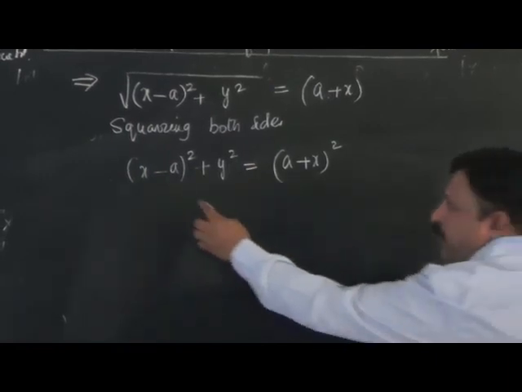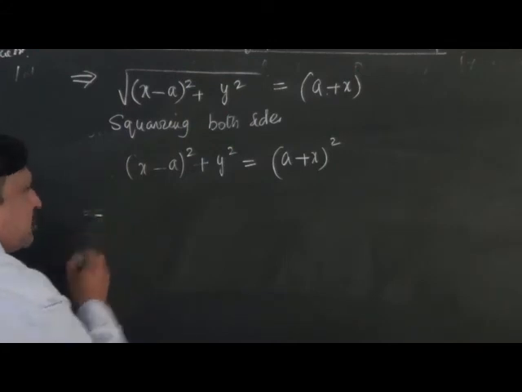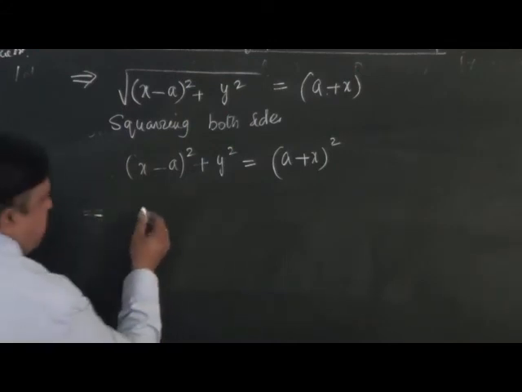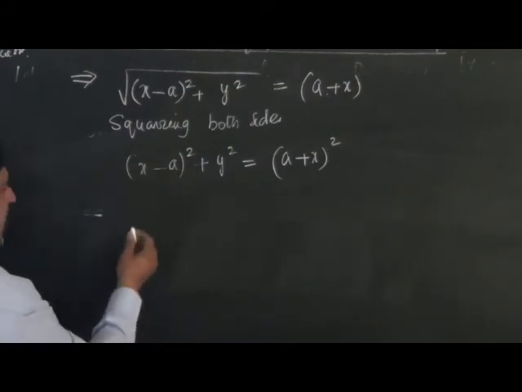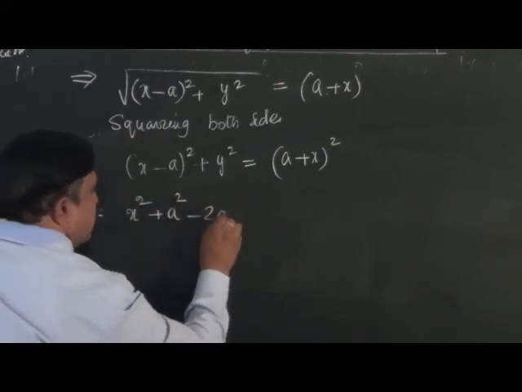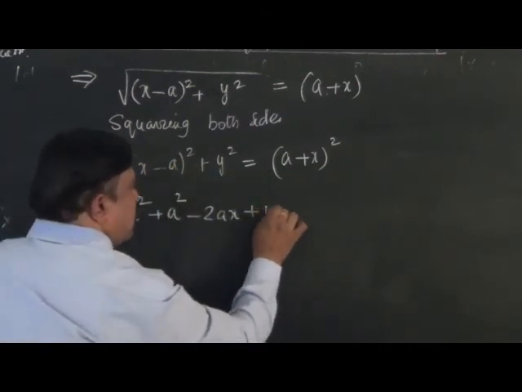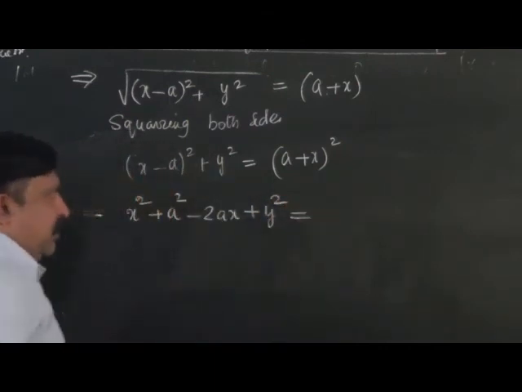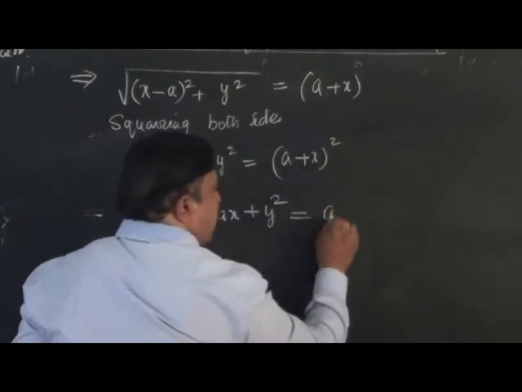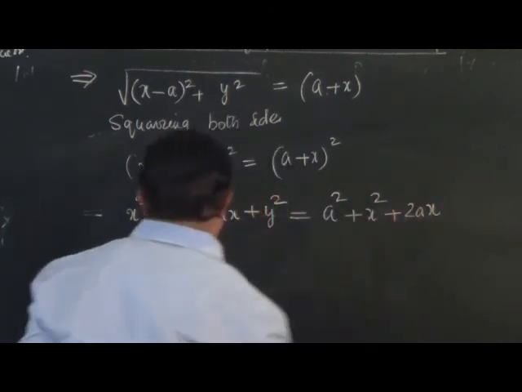You know the expansion of a minus b whole square is a square plus b square minus 2ab. In the same way it is x square plus a square minus 2ax. Using the a plus b whole square formula, the right side is a square plus x square plus 2ax.